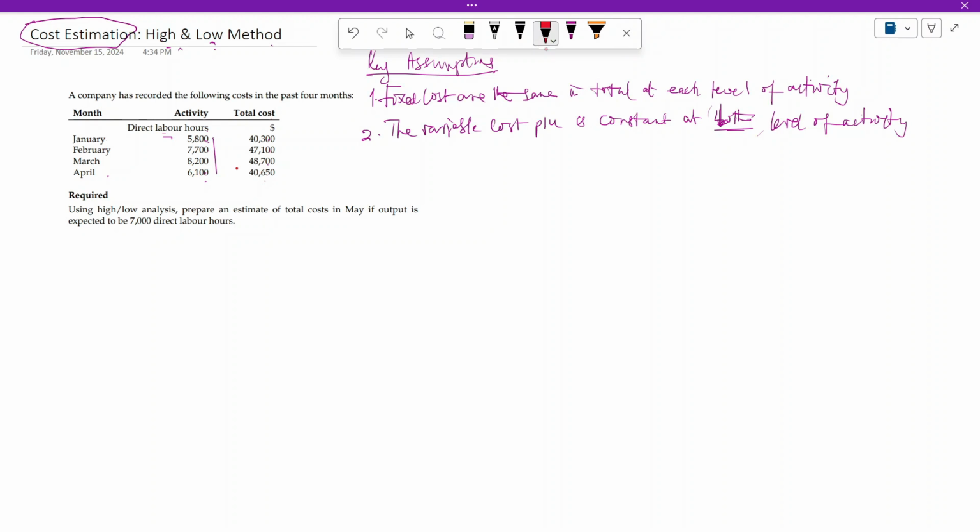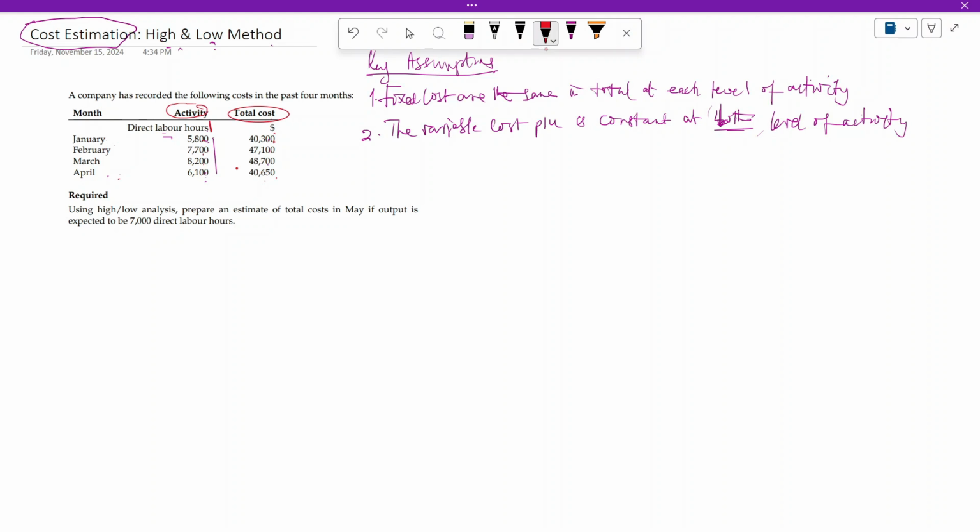The first thing you have to do is look at the activity level and the cost associated with it. The activity level is the direct labor hours. We have four figures for January to April, then we have the total cost from January to April.